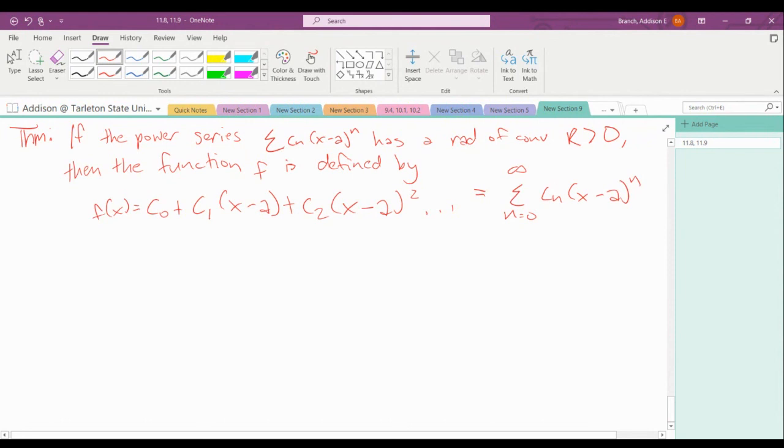We can say that that function is differentiable and continuous on the interval a minus r to a plus r.